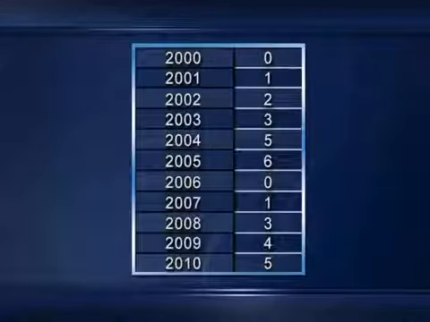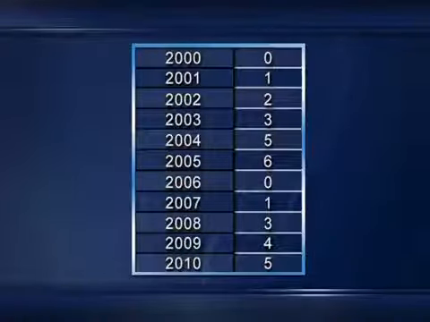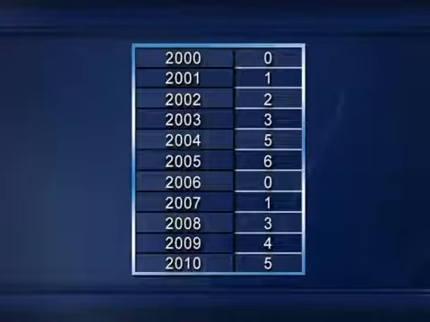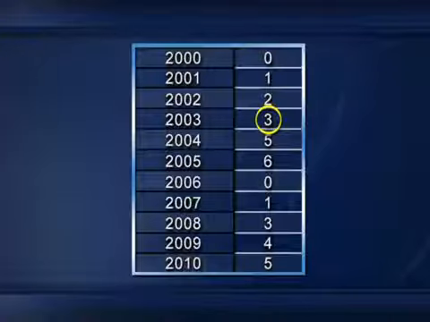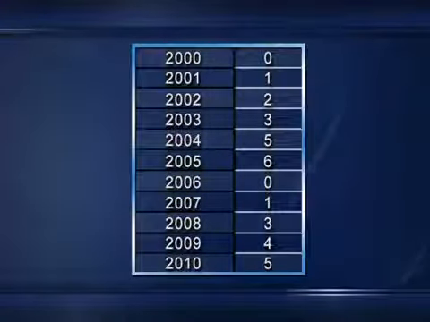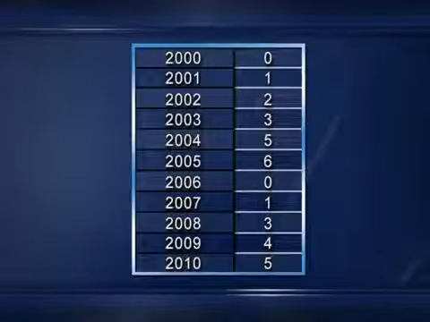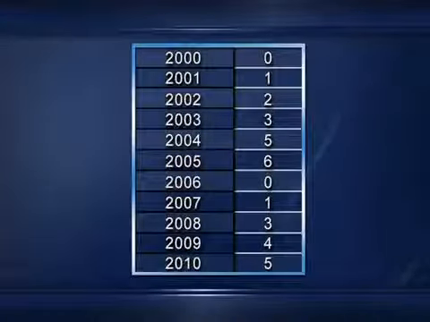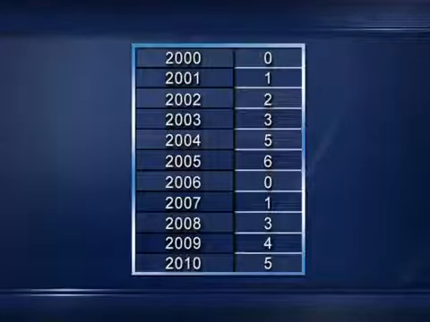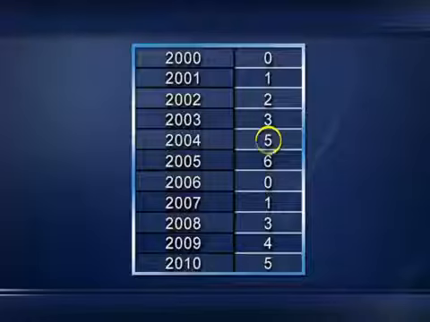So 2002 will have a year code of 2. And 2003 will have a year code of 3. Now what about 2004? 2004 is a leap year, so most birthdays will be bumped up by 2 days. As a result, we leap over the 4 to get 5.